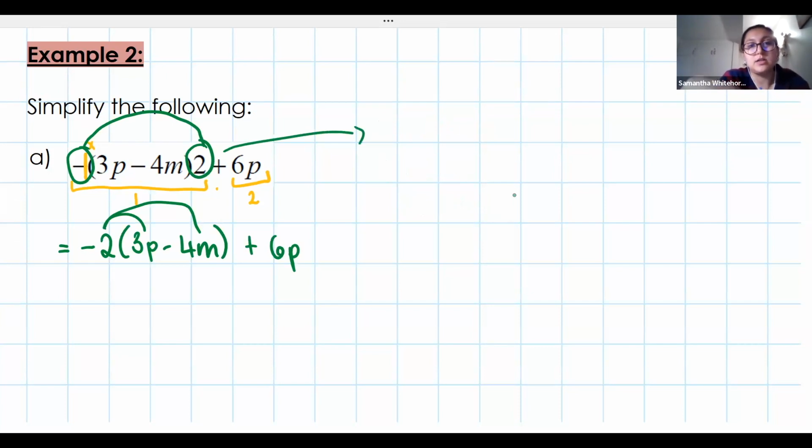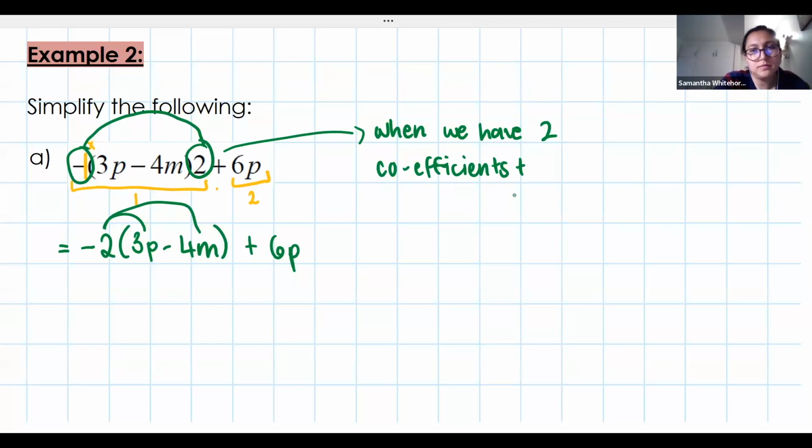So again, let's do this. When we have 2 coefficients to the bracket, we times the coefficients and then distribute.